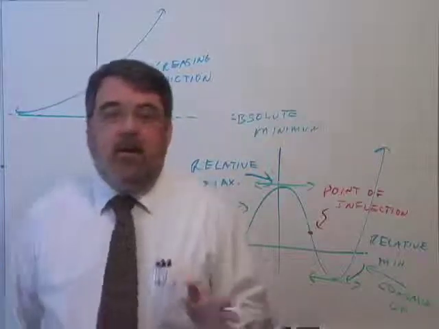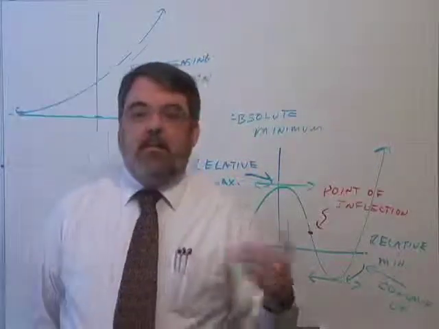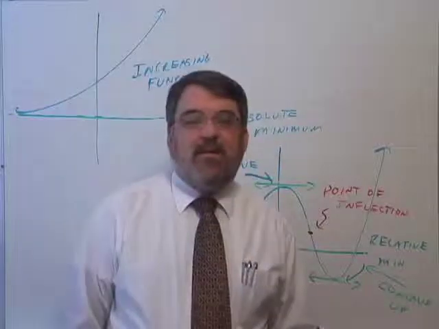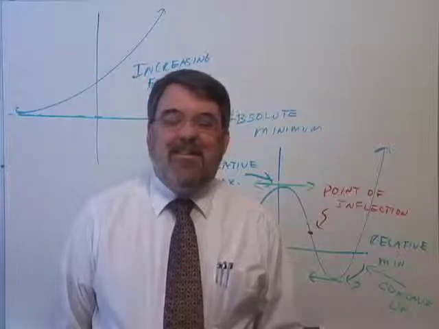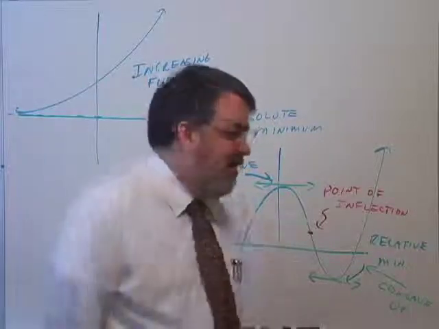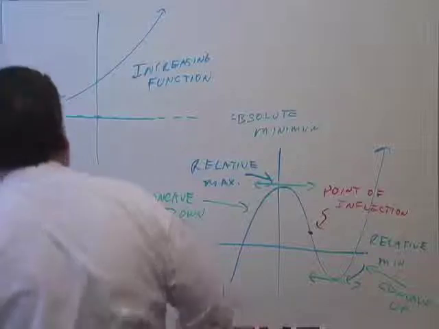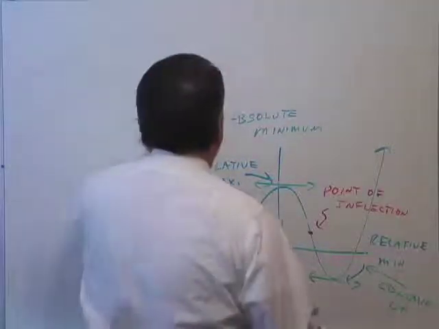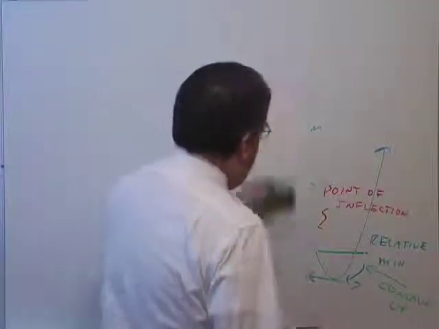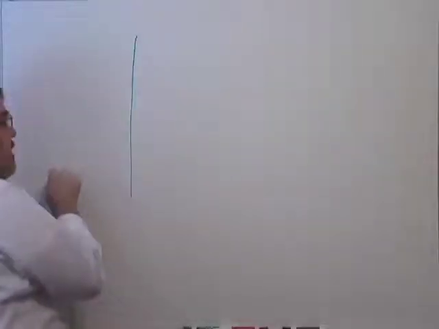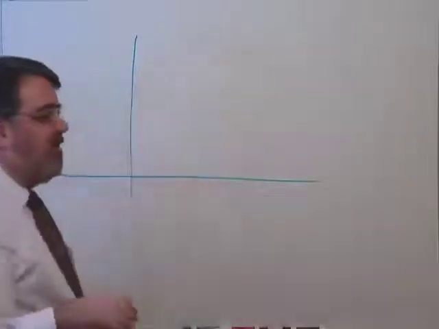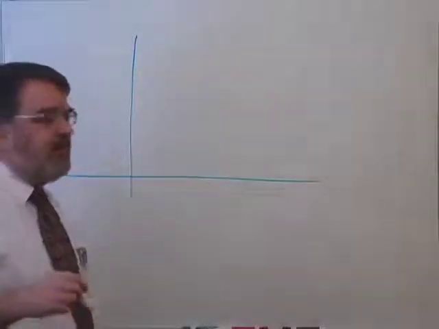As far as the concavity or the point of inflection, its application is sometimes we call it the point of diminishing returns. And so let me give you a quick example of point of diminishing returns. If you were to model an epidemic spreading, a disease hits a town, and now assume there's no medical intervention.